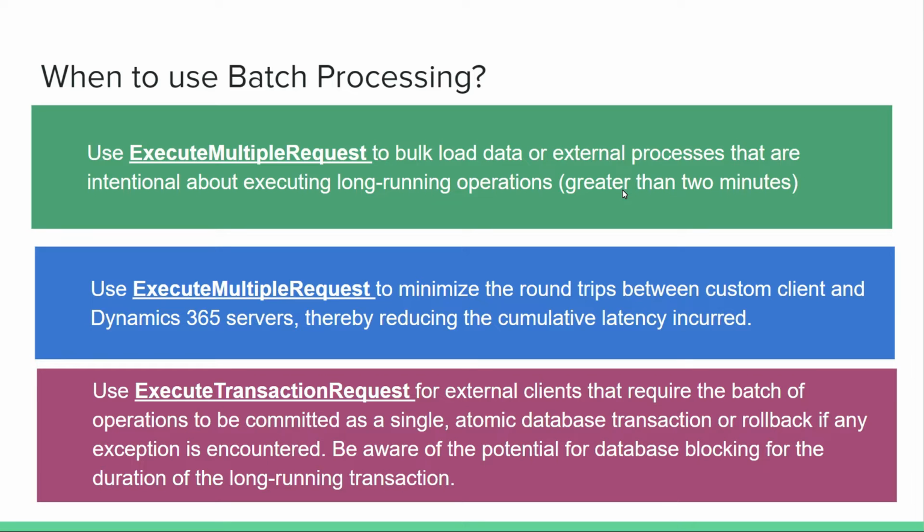So you do not need to write another layer of transaction request to make your batch processing atomic. So if you are not writing a plugin, you are writing a console application or external application, to ensure your batch processing or request processing is in an atomic or single transaction, use execute transaction request.